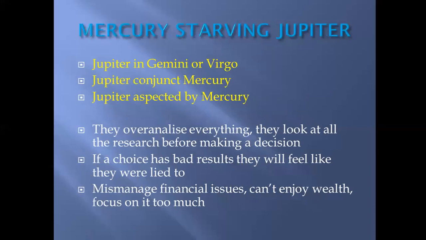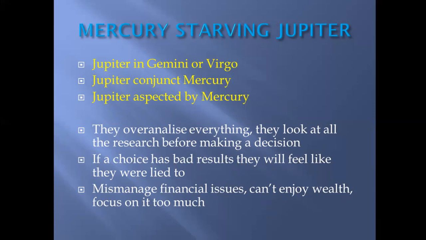Okay, now when Mercury starves Jupiter, this happens when Jupiter is in Gemini or Virgo, Mercury signs, when Jupiter is conjunct Mercury, or when Jupiter is aspected by Mercury. Okay, so this will make the person overanalyze everything. Remember, Mercury is very analytical.